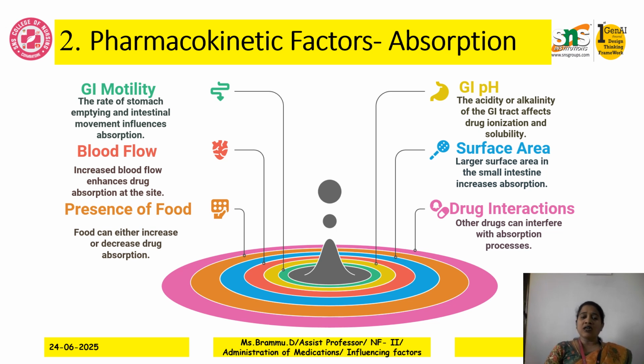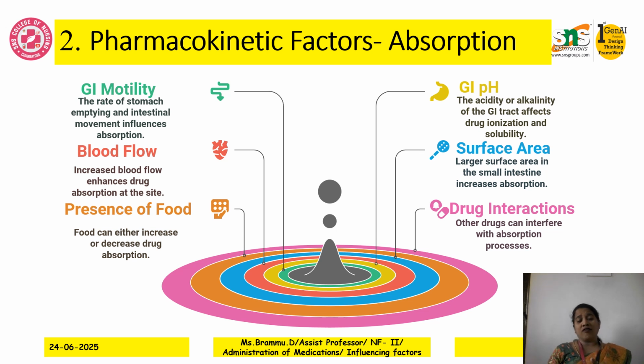So when you are given the order to give the drug, it is our duty that this pan tablet is given at least half an hour before the meals, because if it is given along with the meals, it may decrease the drug absorption. So presence of food plays a major factor in absorption of drug.